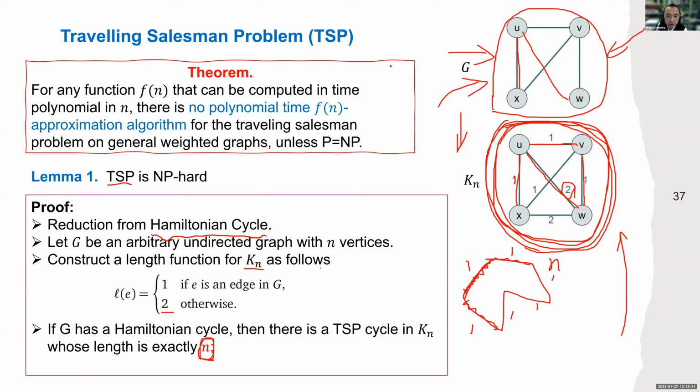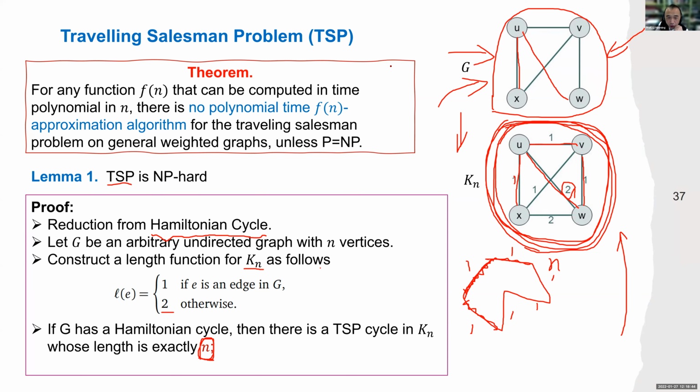Hamiltonian cycle, you can consider it to be a special case of TSP. Definitely, it's a special case. So then the other direction is also valid, right?